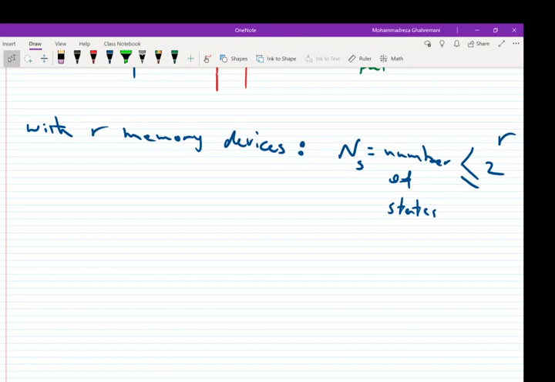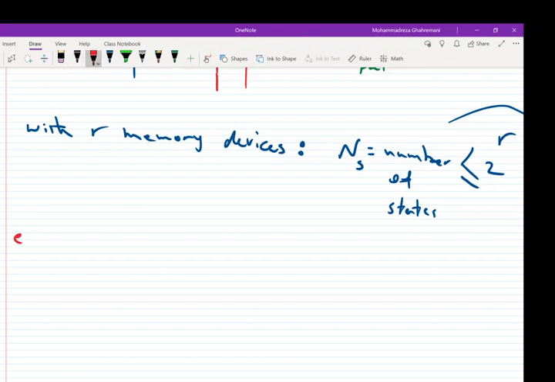If you remember the BCD counter, for BCD number presentation we need 4 bits, but with 4 bits we only show 10 digits. So we have 6 extra unused input combinations. So the number of states is equal or less than 2 to the power of n, not equal.